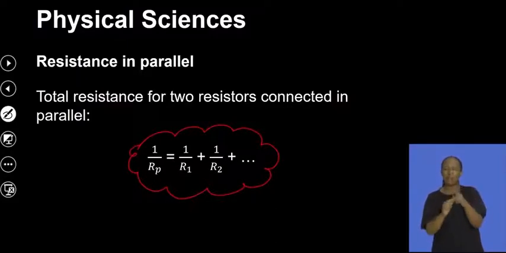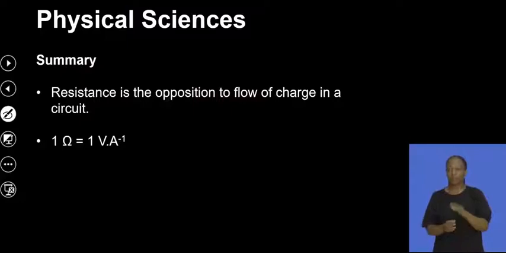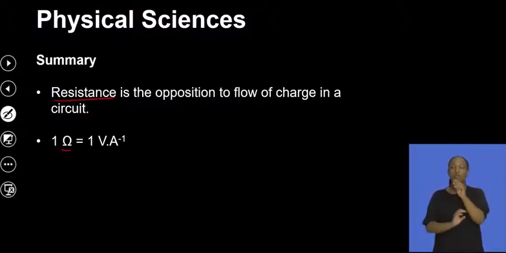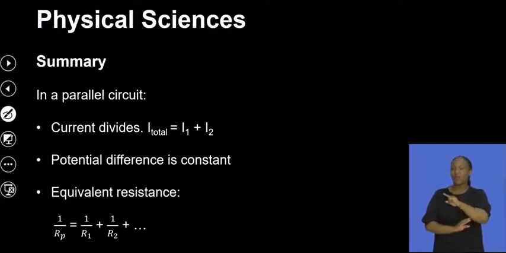We are actually looking for Rp at the end of the day. In summary, we understand that opposition to the flow of charge is the resistance of a component or a circuit. And the SI unit, which is the ohm, is equal to a volt per ampere. That's the main idea in as far as parallel resistors are concerned.